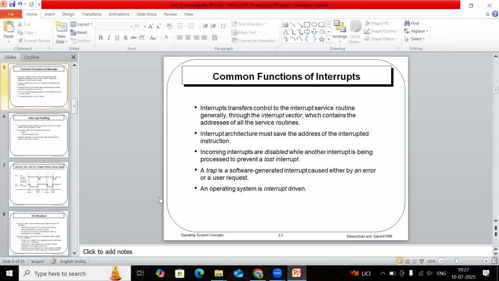When the system is switched on, the bootstrap program is executed. It resides in main memory and is the initial program run in the system. The bootstrap program is stored in read-only memory, ROM.